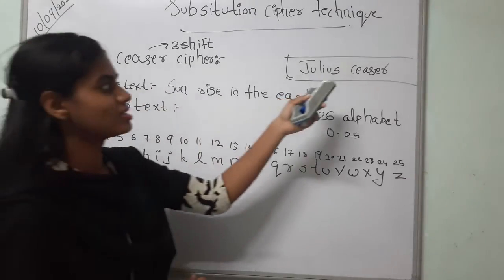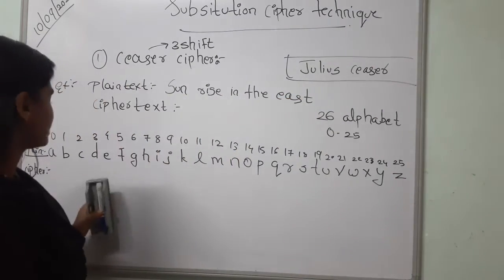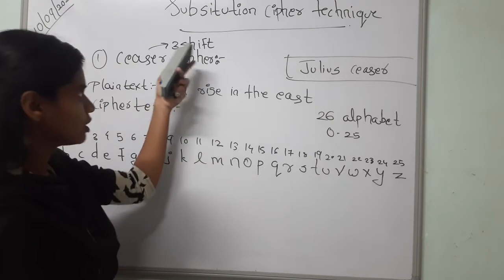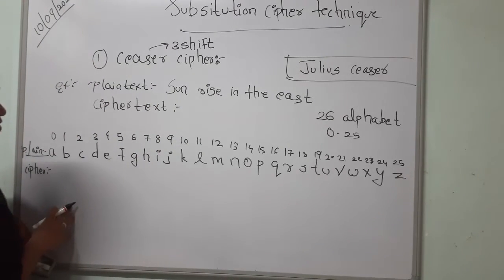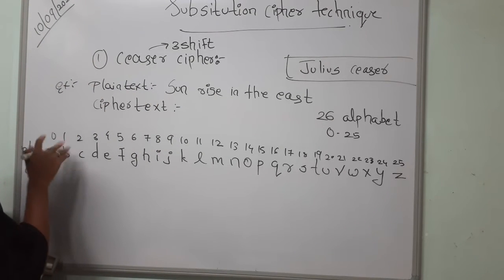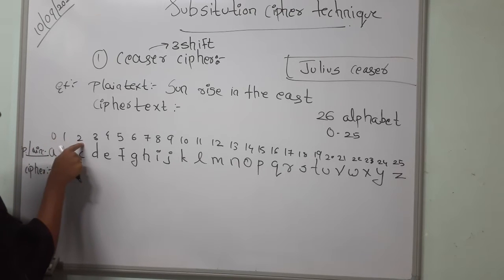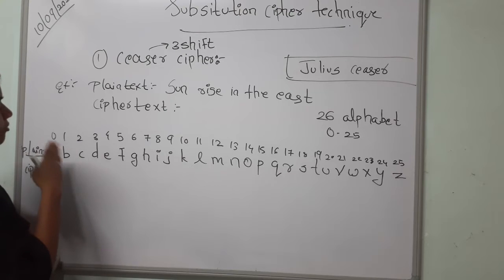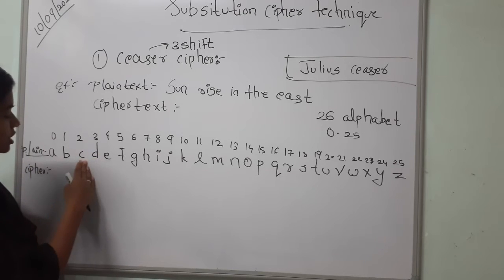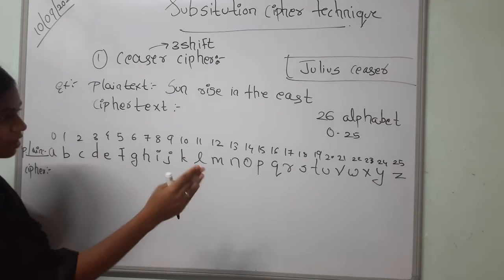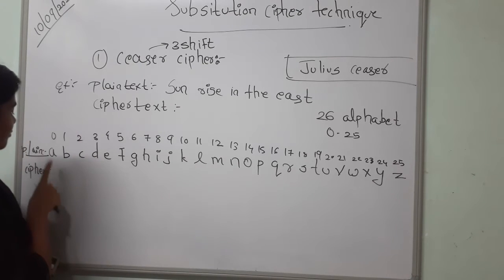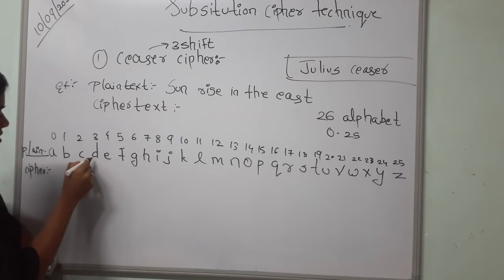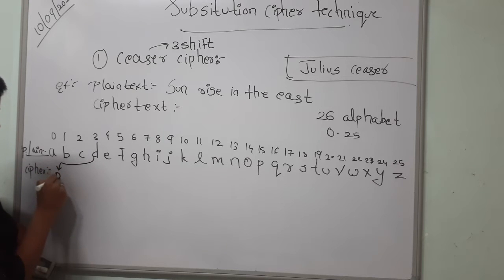Julius Caesar, who made this technique, used a 3-shift. What does 3-shift mean? A shift of three letters. The first three letters, 0, 1, 2, we remove, and after those first three we take the rest of the alphabet from the start. As you can see, D is the first one. We write the cipher text in capital letters, so you can identify the plain text and the cipher text.